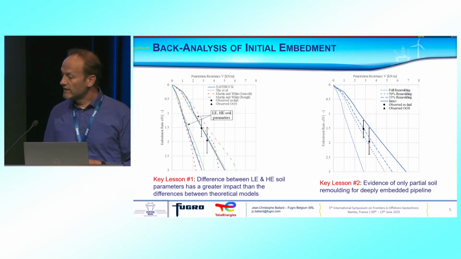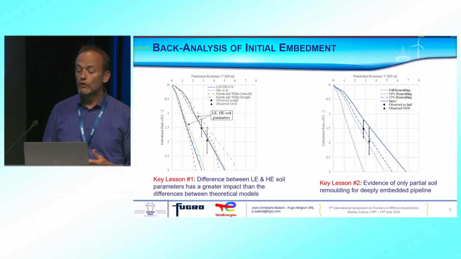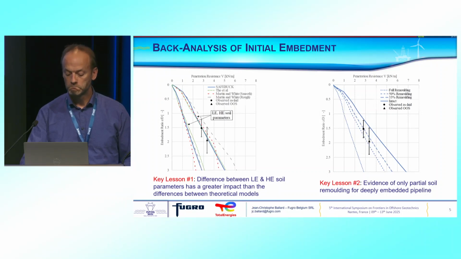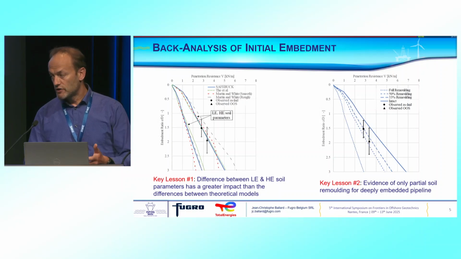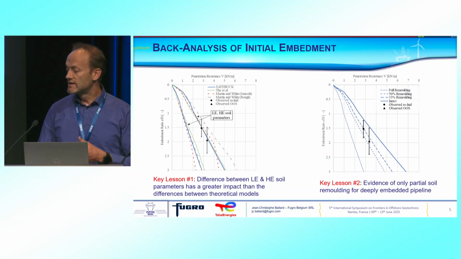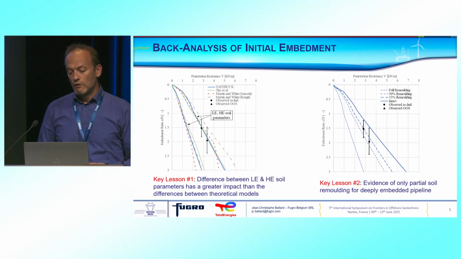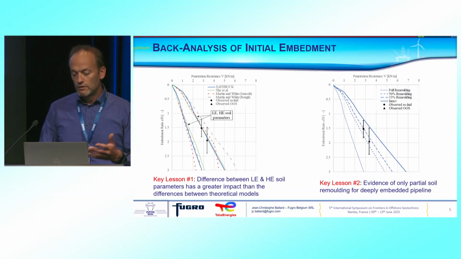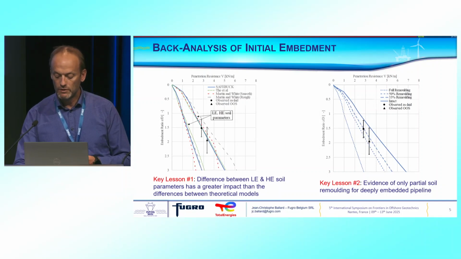In that particular case, only 30% to 50% remolding of the soil was observed. While it actually worked for shallow embedded pipeline, and it's been observed to be a useful proxy for a shallow embedded pipeline, it is not really applicable in this case.